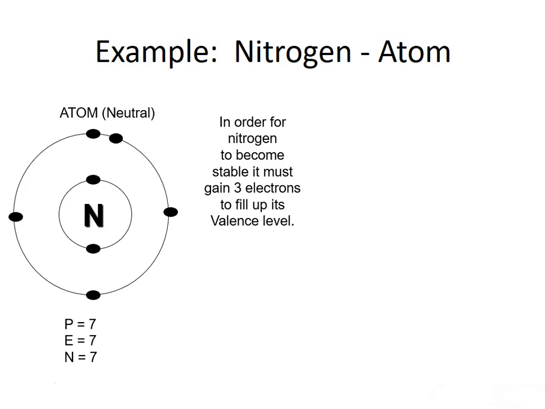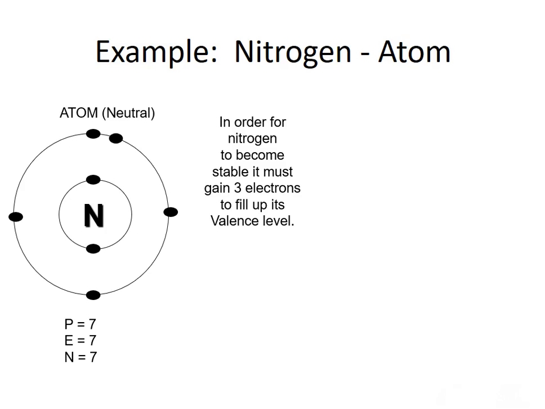For nitrogen to become stable, it's going to want to gain 3 electrons to fill up that outer valence shell. There's space for 3 more. It's easier for these non-metal atoms to gain electrons to fill up their shells because they're really only missing usually 1 or 2 or 3.